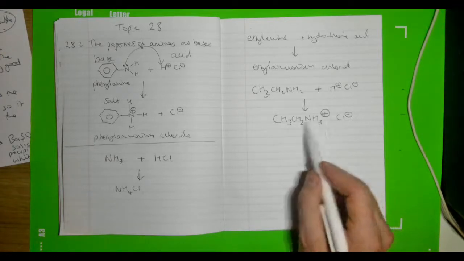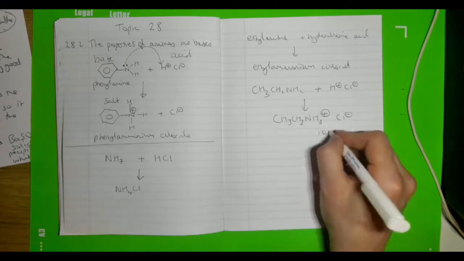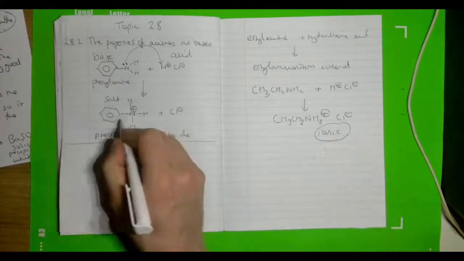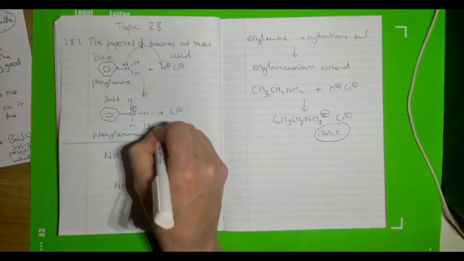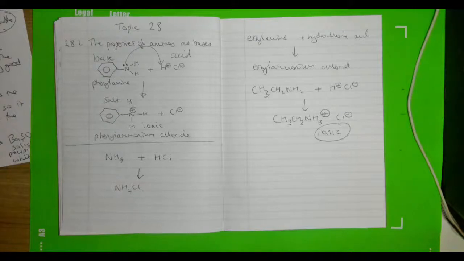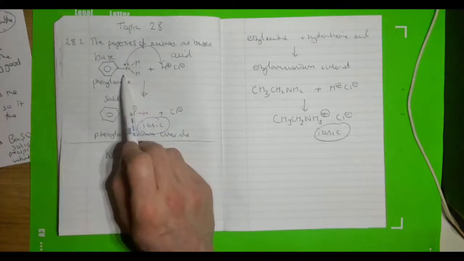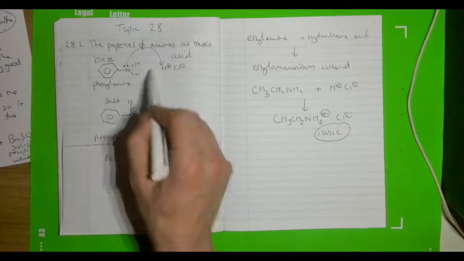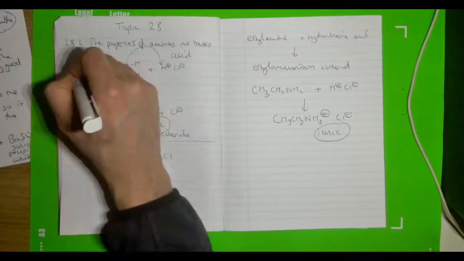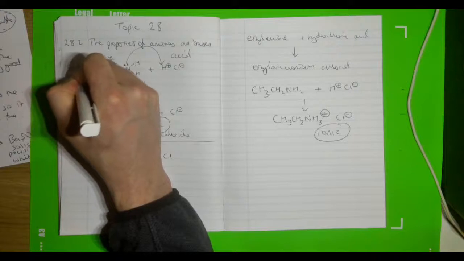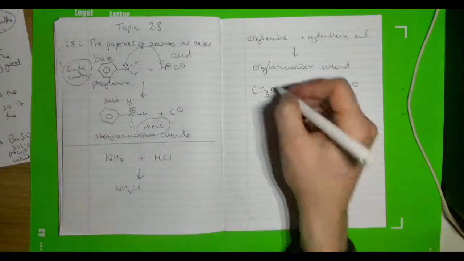Now, this is an ionic substance. However, our start materials are not ionic. This is just covalent, a simple covalent structure, and this is simple covalent.